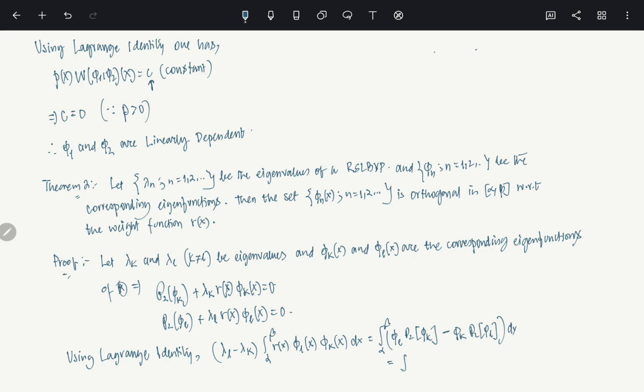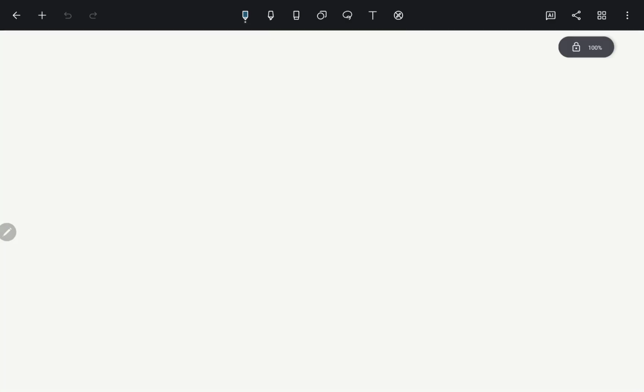You remember that the Wronskian part is there. By direct calculation of Green's identity, if you write it properly, it will be p times the Wronskian, which we also talked about earlier.